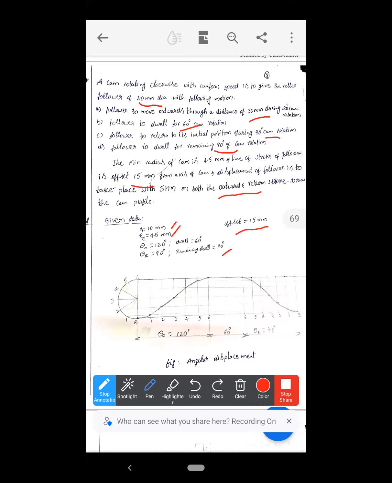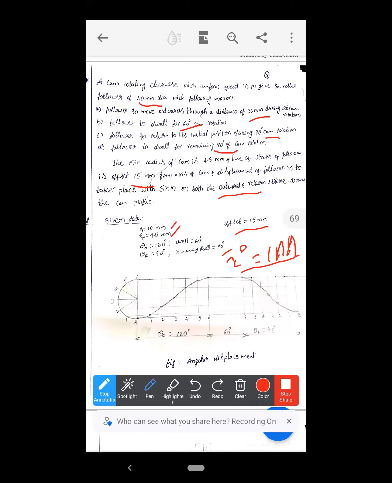For construction of the displacement diagram, first you have to draw one horizontal line. Before drawing it, take the scale on the X-axis only: 2 degrees equals 1 mm.